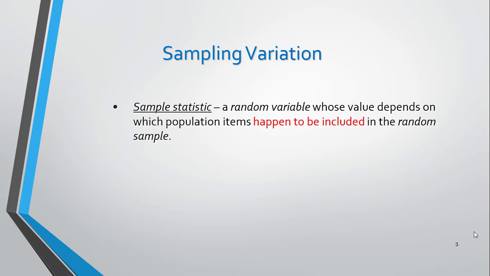Sample statistic itself is a random variable, because we don't know which subjects we will get from the population. When you sample, there's a chance someone is chosen, someone is not chosen. So the outcome may be different, right? So a sample statistic itself is a random variable whose value depends on which population items happen to be included in the random sample, right?